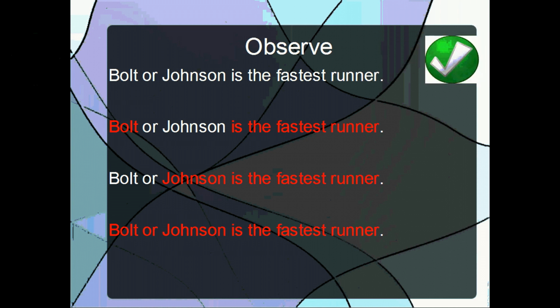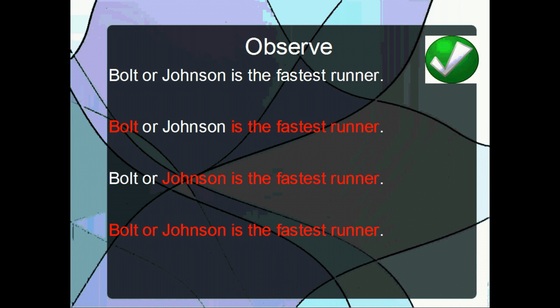So in that case, the disjunctive proposition would be true. But let's say that I predetermine, I say that only Bolt or Johnson is the fastest runner, but they both end up winning. They both end up tying. Then, in that case, the first disjunctive proposition would be false.